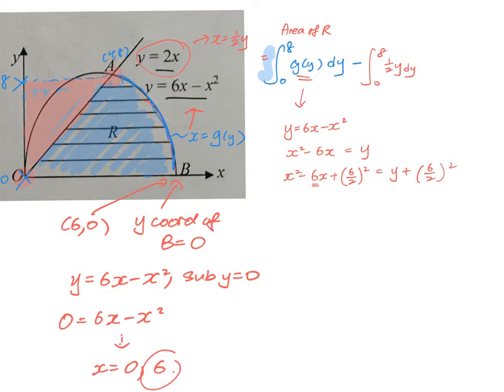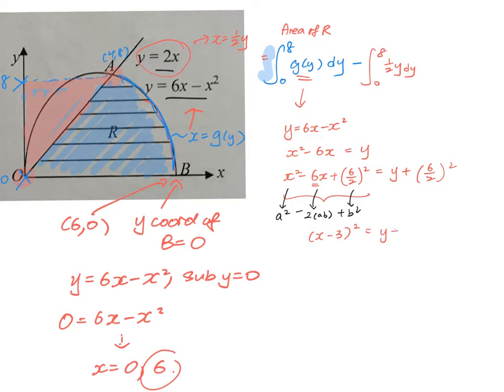This whole portion, you remember, is the idea of completing the square. This is a squared minus 2ab plus b squared, and it should give us (a minus b) squared. So this gives us (x minus 3) squared.